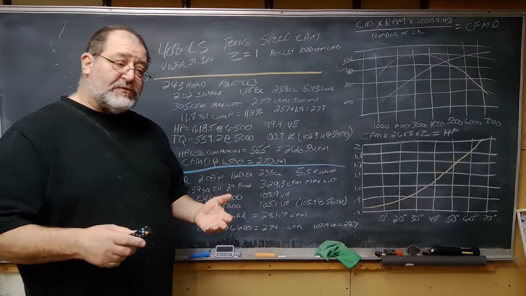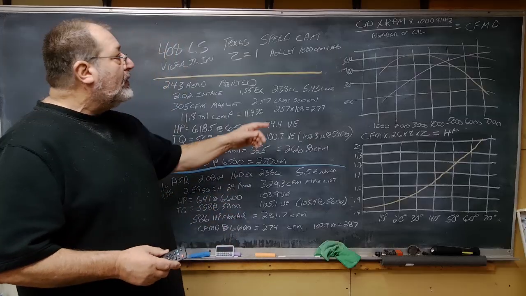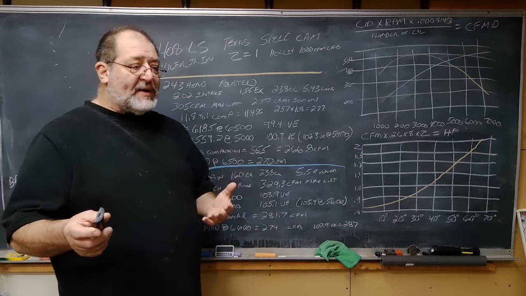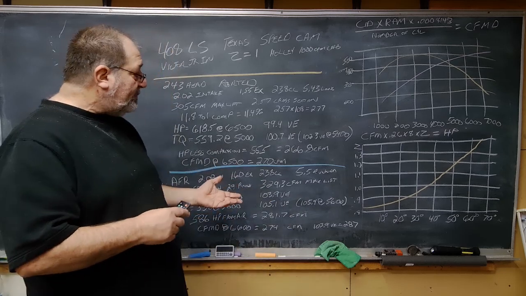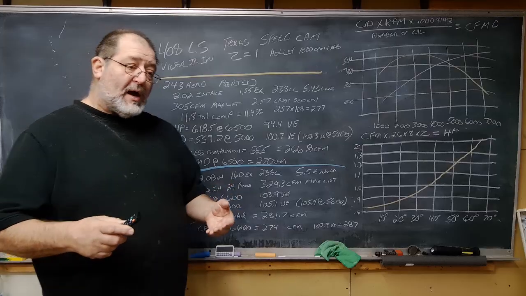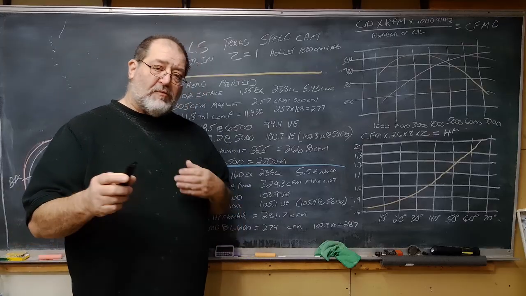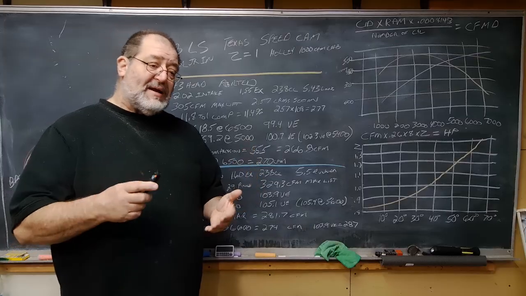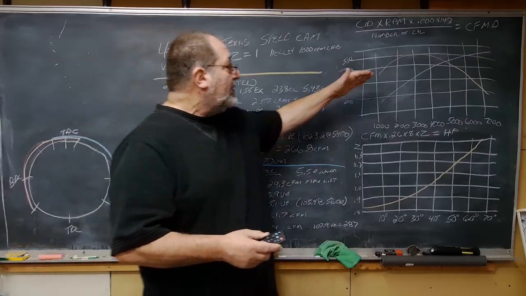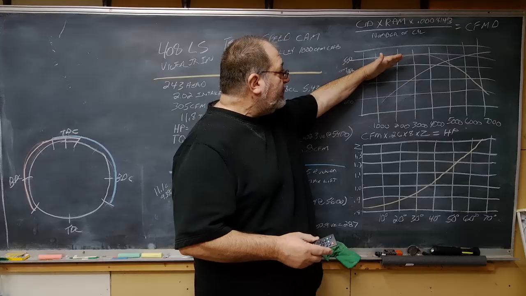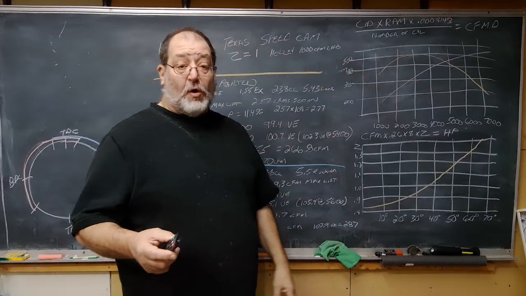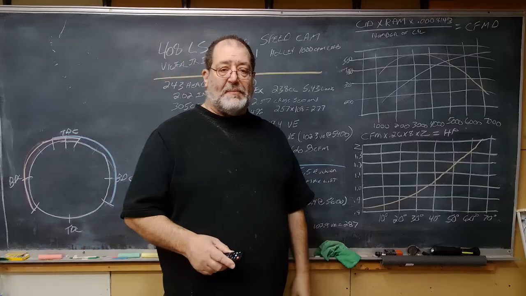Increased lift increases flow. Increased flow will increase RPM, and so we may have a slight RPM gain. So what I should expect is a slight RPM gain, hopefully not too big, and a gain in volumetric efficiency to where I just picked up railroad track style wise power up here. And that's what I'm kind of hoping for, and we'll have to see what happens.